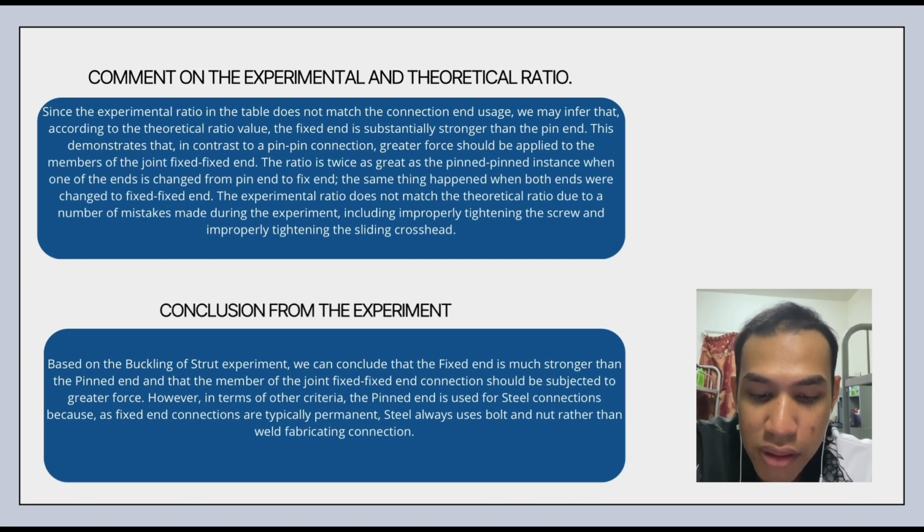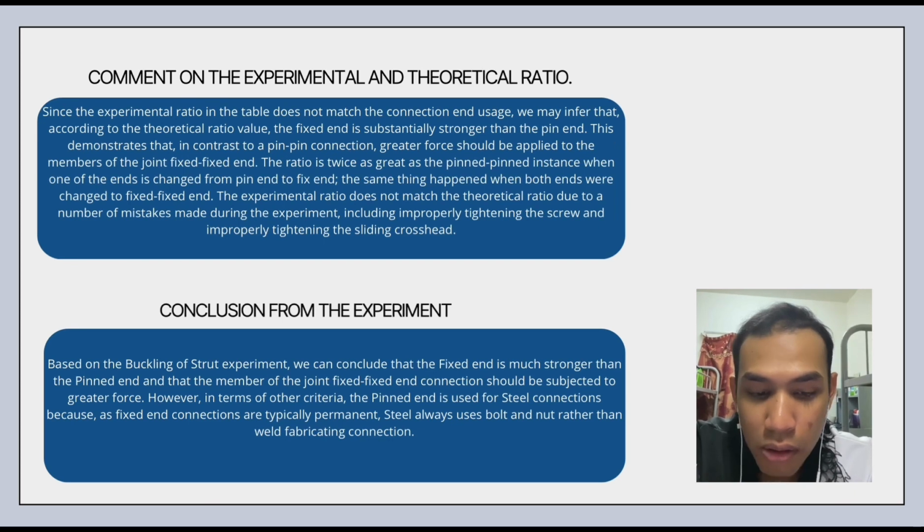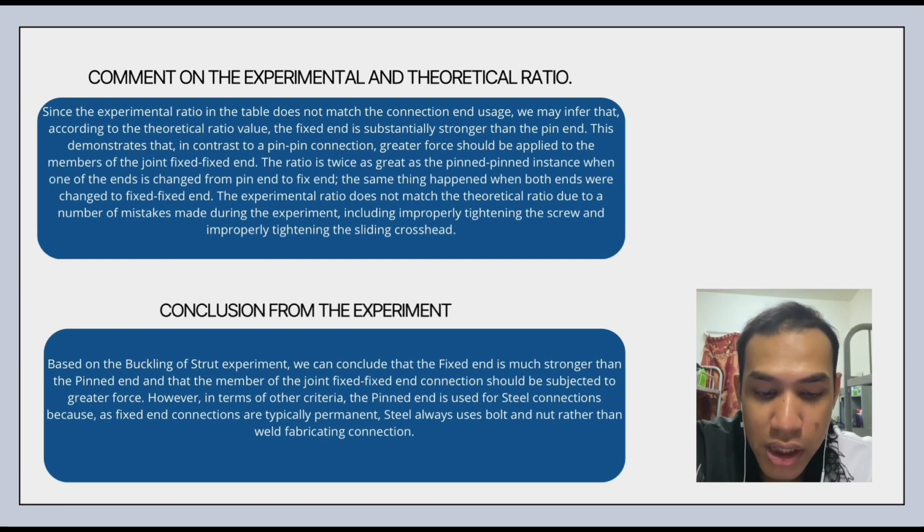The ratio is twice as great as the pin when one of the ends is changed from pin end to fixed end. The same thing happened when both ends were changed to fixed end. The experiment ratio does not match the theoretical ratio due to a number of mistakes made during the experiment, including improperly tightening the screw and improperly tightening the sliding crosshead.